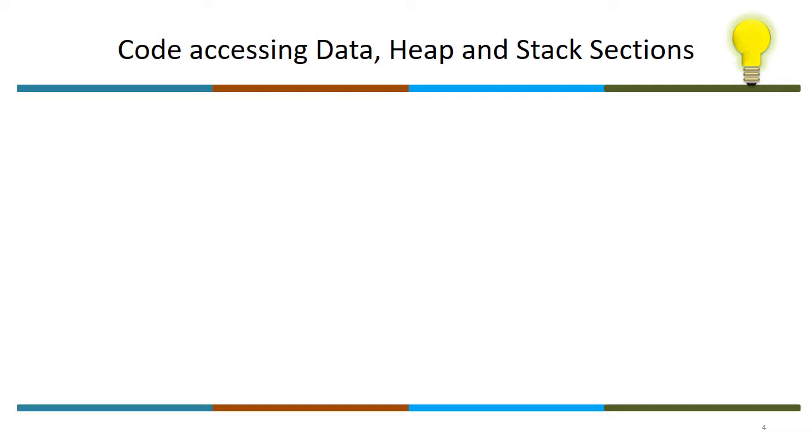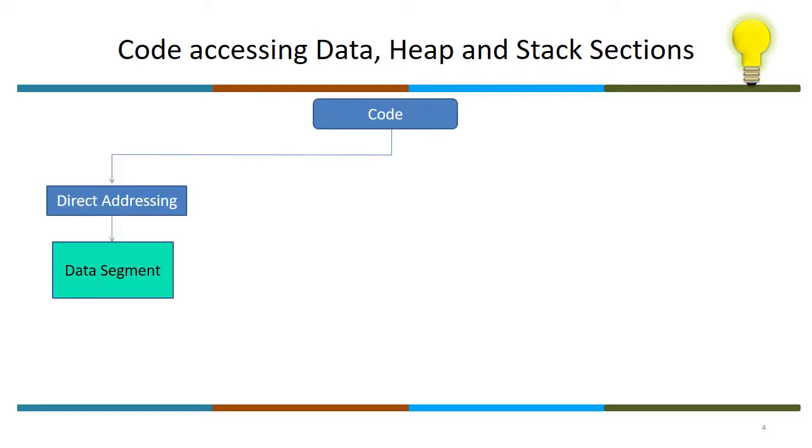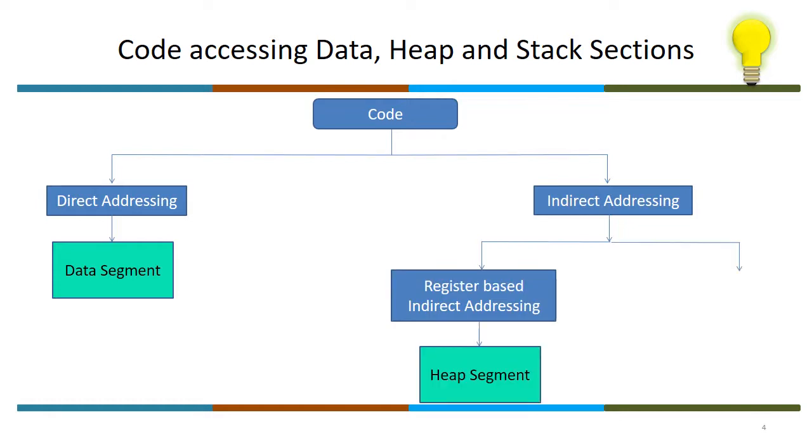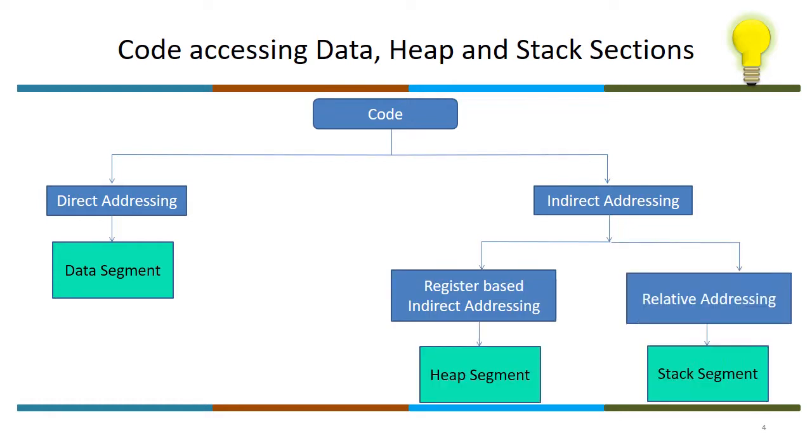Here we go. Code accesses data through direct addressing, and heap and stack through indirect addressing. The focus of this session will be on relative addressing. Relative to what?